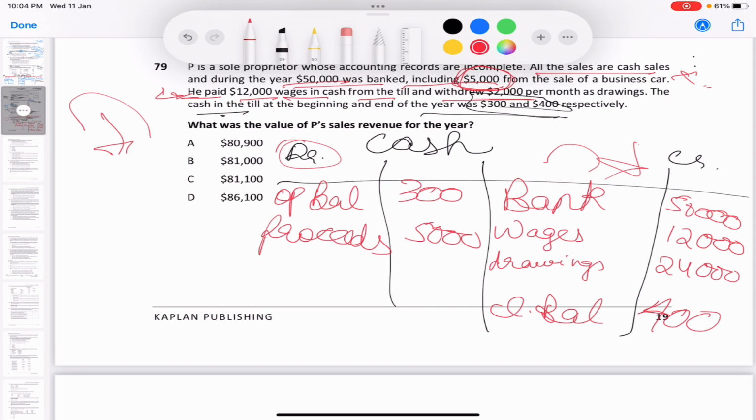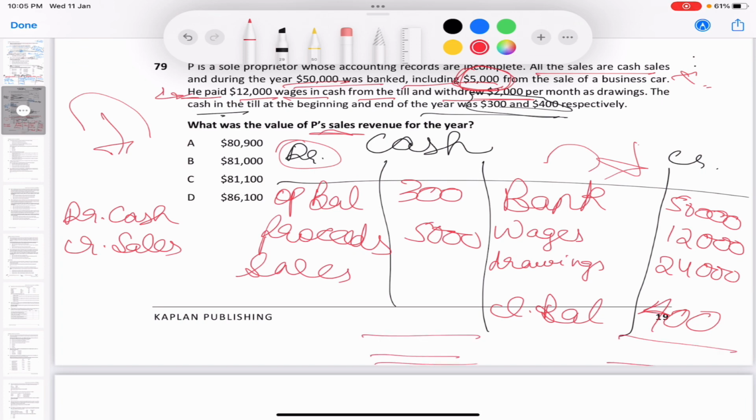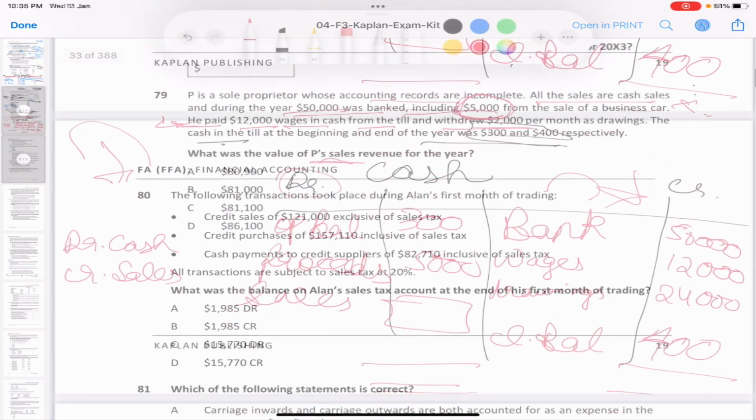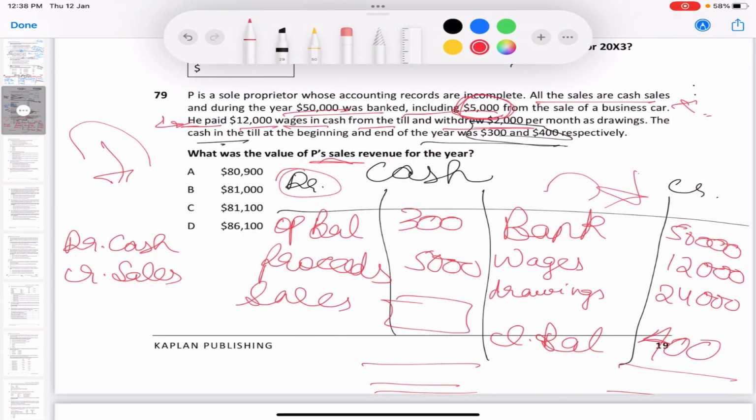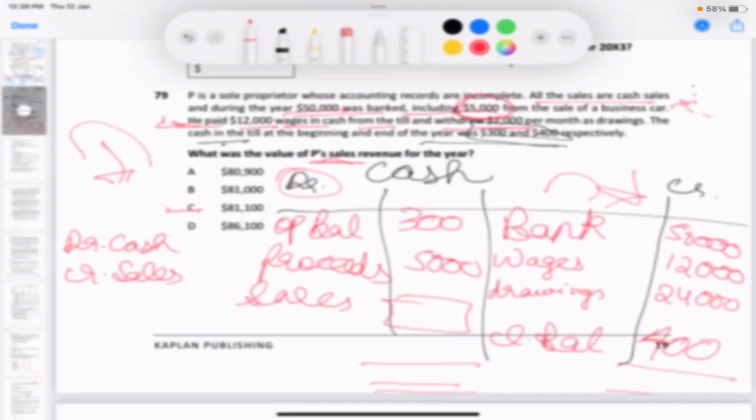Now we are supposed to find the sales revenue. When you debit cash, credit sales, this is the journal entry, right? So this would be the balancing figure. I hope you can do the balancing by yourself. So 79, our answer is going to be C.